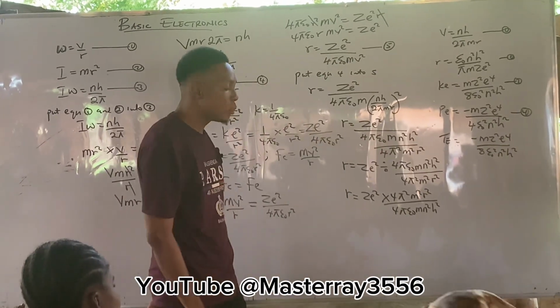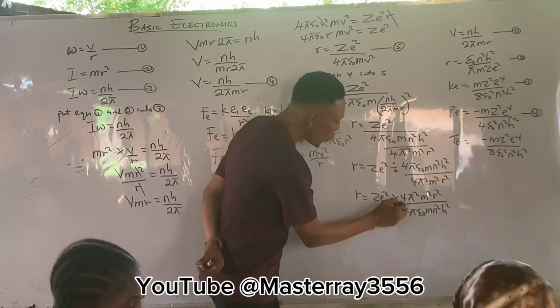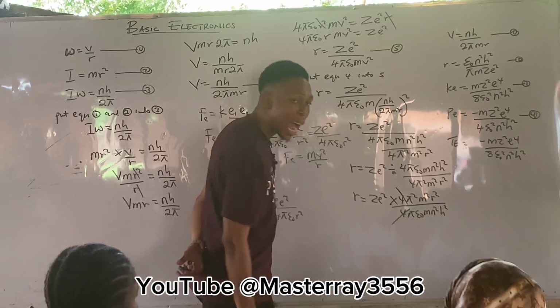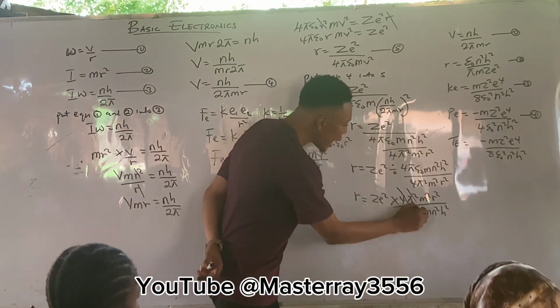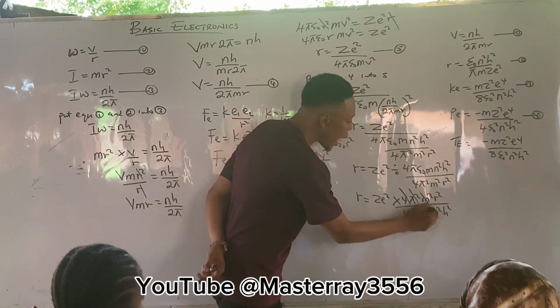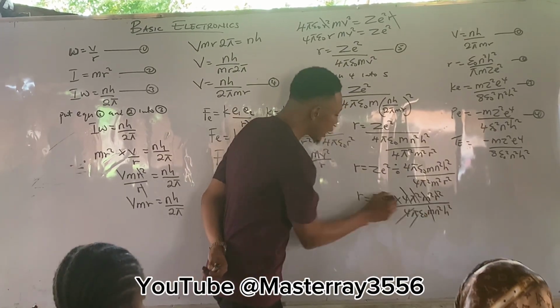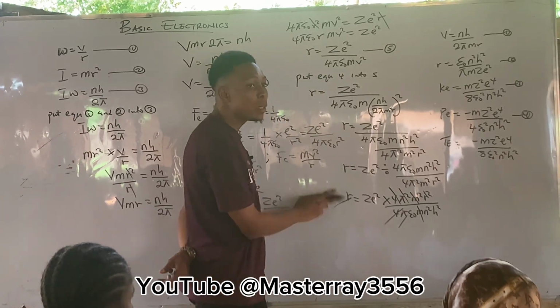Now from there, 4 can cancel out 4, right? Yes. How many π will be there? 1. m cancels out m. Alright, this can cancel out this, right? Yes.